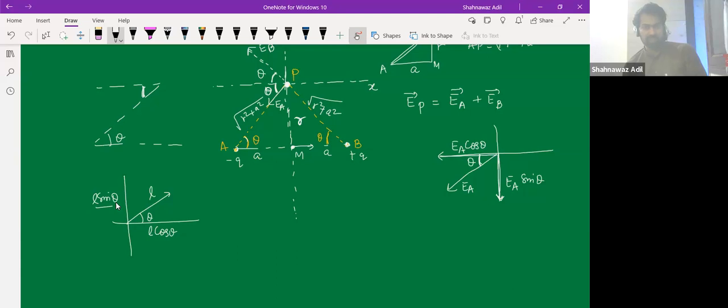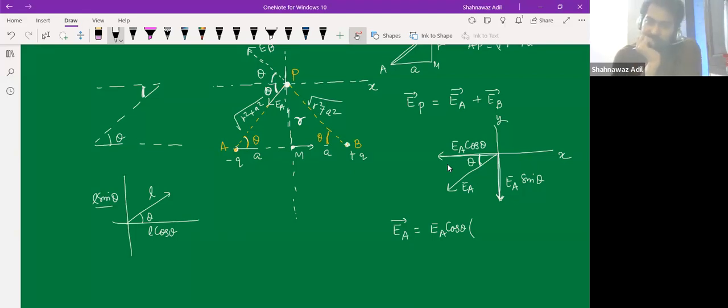Yes. So similarly, using that part in here. So if I write EA vector, it would be how much? That would be EA cos theta. And what is the direction? What is the direction in here? You have X and Y axis. What is this direction?